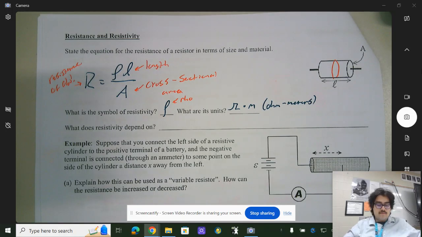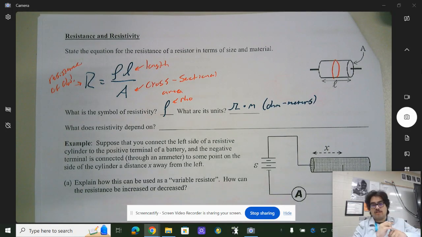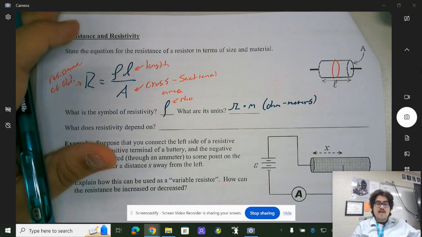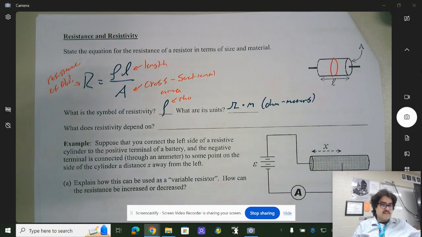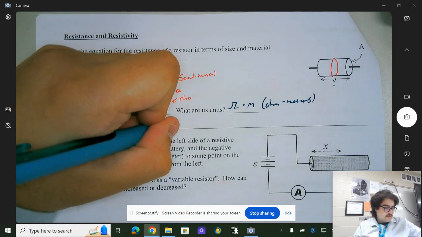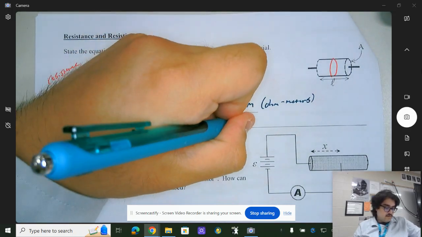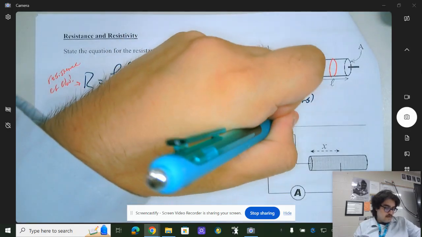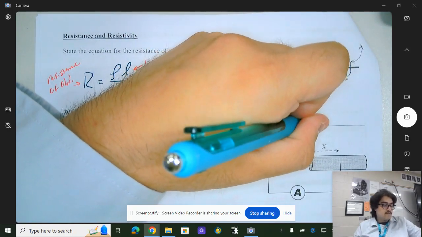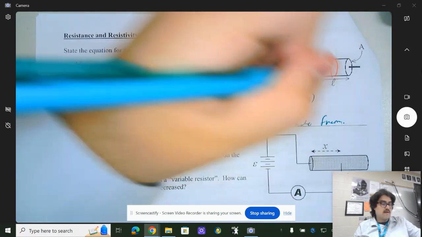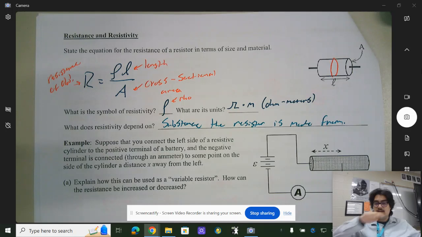Resistivity is kind of interesting because it's almost like a coefficient of resistance. What resistivity depends on is the substance the resistor is made from.